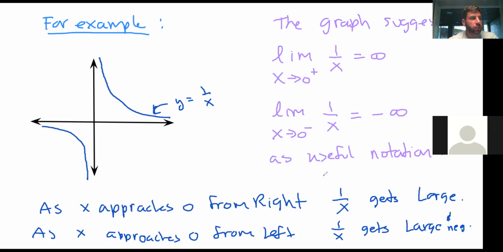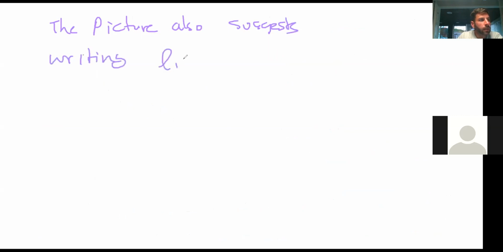The graph also suggests what else is happening. Suppose we don't want to think about what's happening near zero. Suppose we want to ask what's happening when x gets very big, when x gets large. So it also suggests writing this. As x grows without bound, as x goes to infinity, what happens to 1 over x? Well, it gets closer and closer to 0.